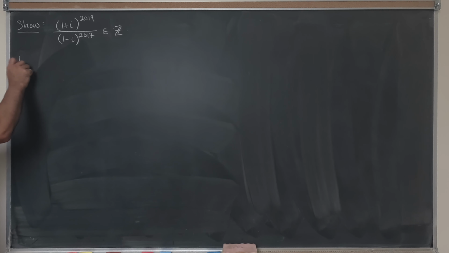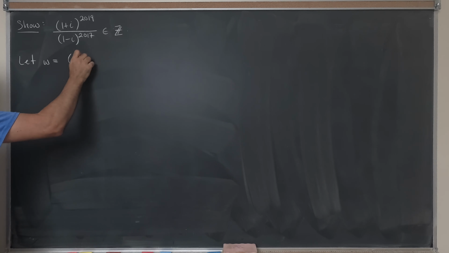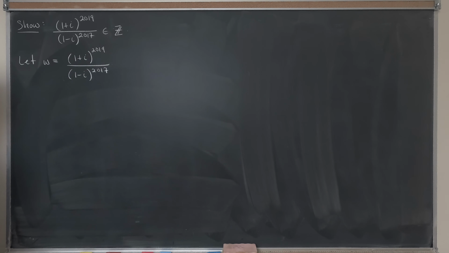Let's first let this complex number that we're given be called w, just for reference. And then to simplify things a little bit, we're going to also let z be this complex number here, 1 plus i.